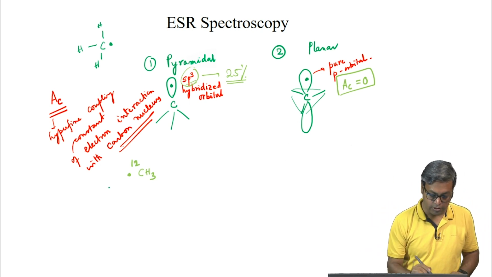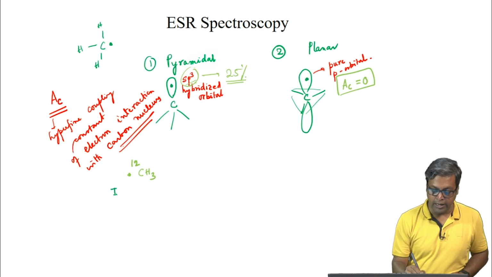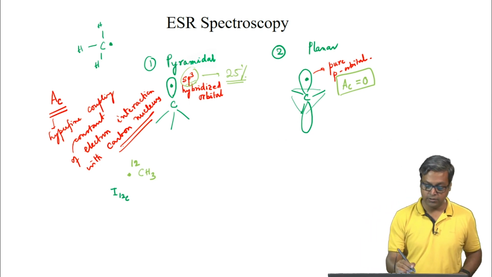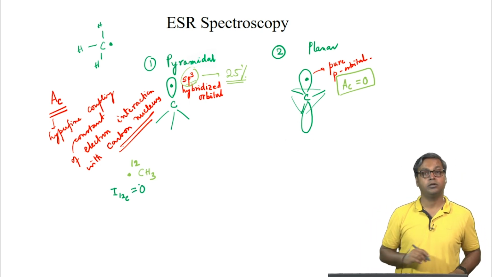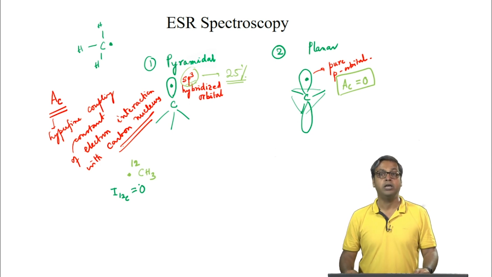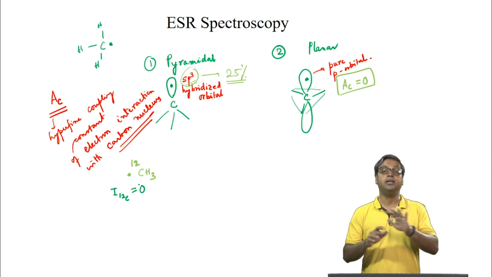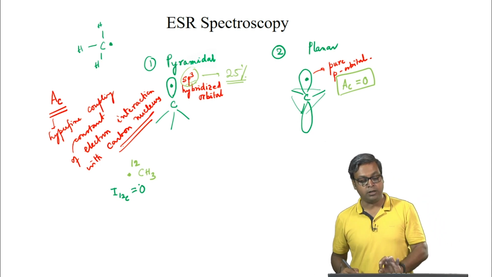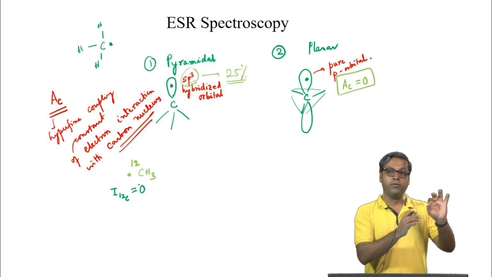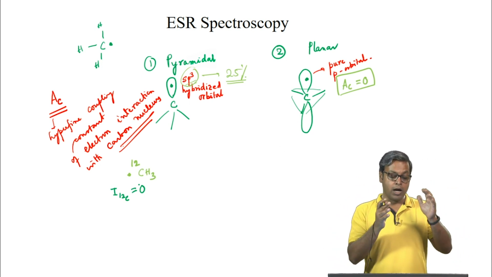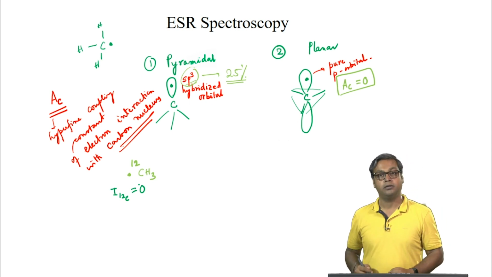This is because the I of 12 carbon is 0, so it does not involve any hyperfine interaction. In order to find the structure, we need to know the value of A C, but we cannot find it if we use a 12 carbon methyl radical.